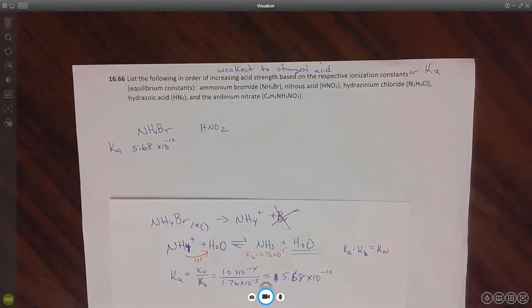What would I do? What is that called? HNO2 in water, what is that called?